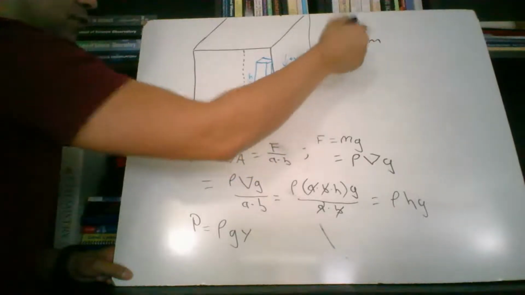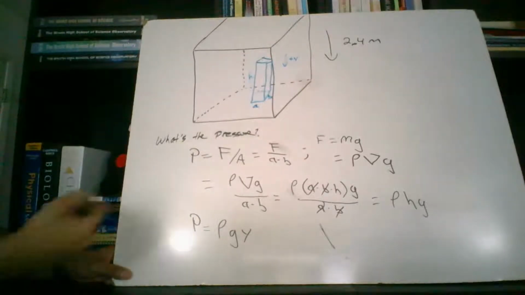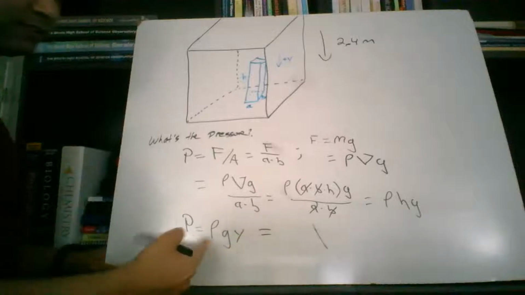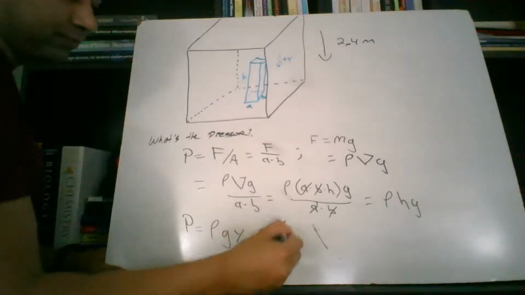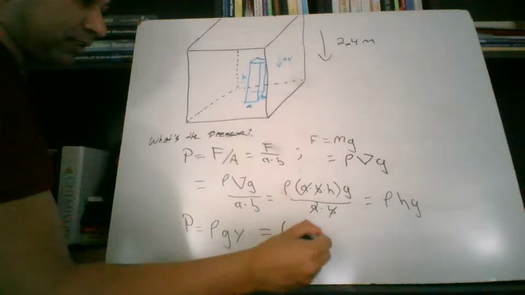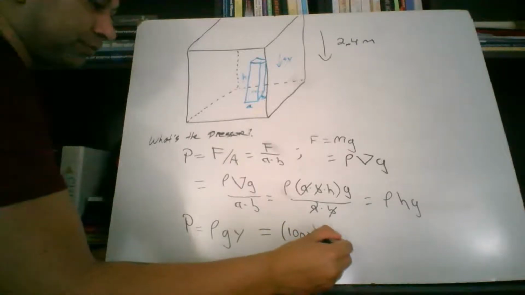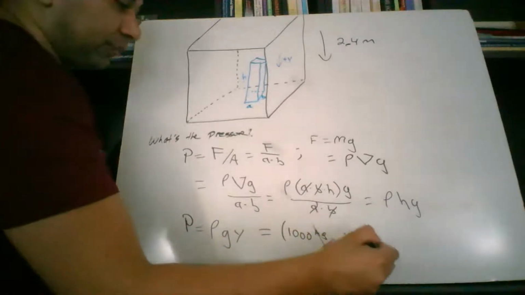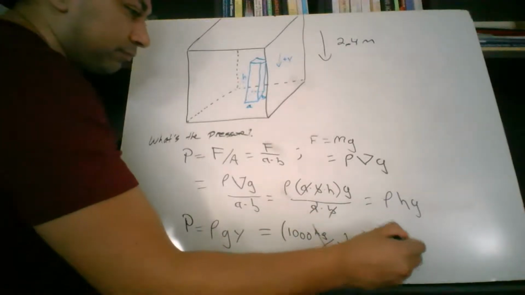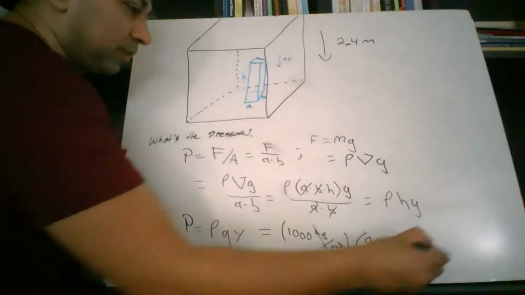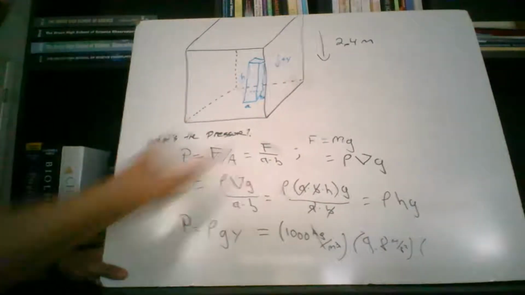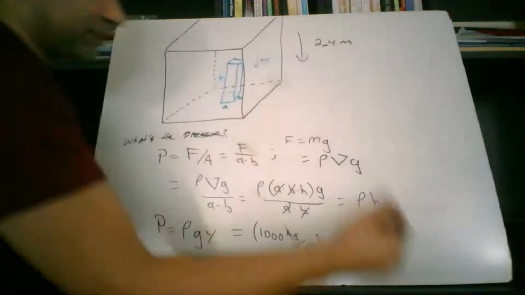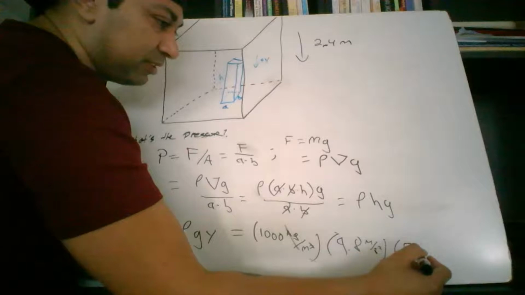If we plug 2.4 meters into our equation, we would end up with the density of water, which is 1,000 kilograms per meter cubed, multiplied by g, 9.8 meters per second squared, multiplied by the depth. This could be like the bottom of a swimming pool. And 2.4 meters, that's a pretty deep swimming pool.